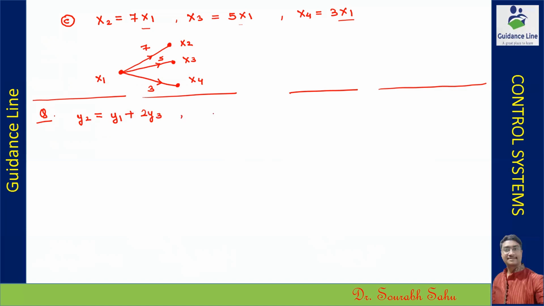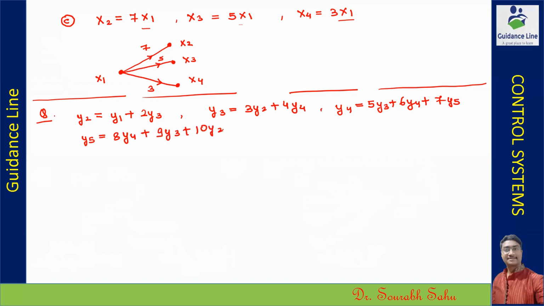Then we have y3, which equals 3y2 plus 4y4. Then y4, which equals 5y3 plus 6y4 plus 7y5. Then we have y5, which equals 8y4 plus 9y3 plus 10y2.